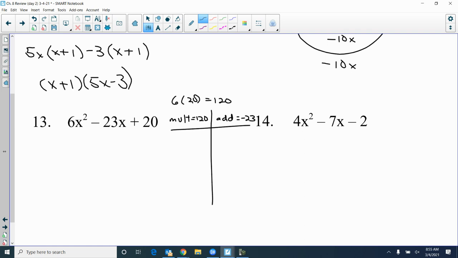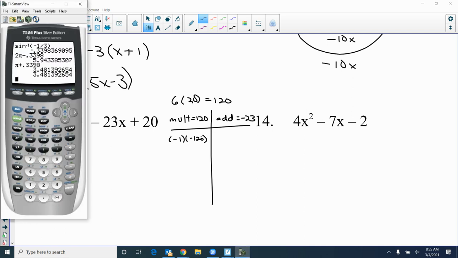What do both of my signs have to be, Tommy? Negative. Both have to be negative. And so you don't miss anything, I'm always starting with -1 times -120. And remember, you're adding those together. So on your calculator, you would hit -1 plus -120, which is -121.